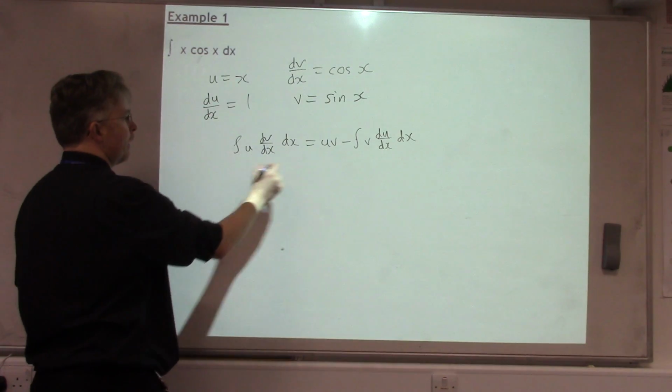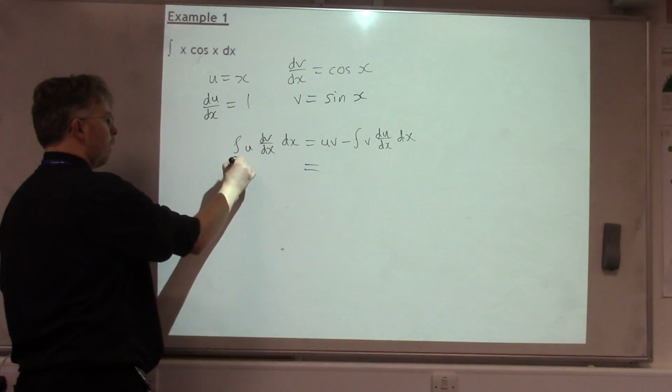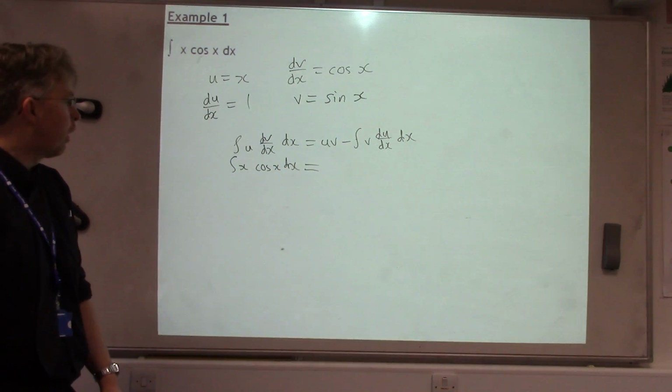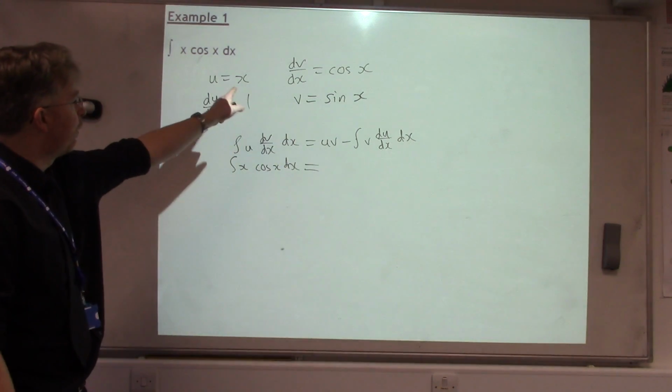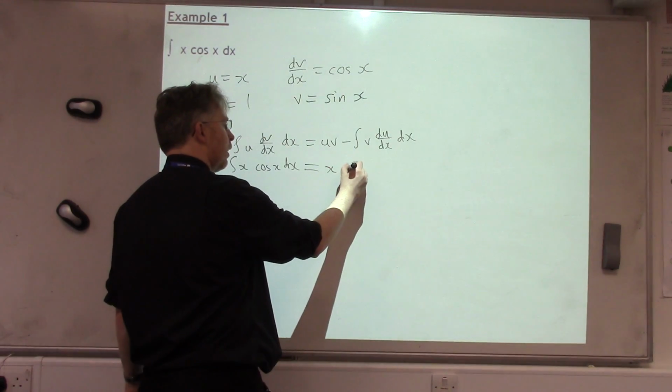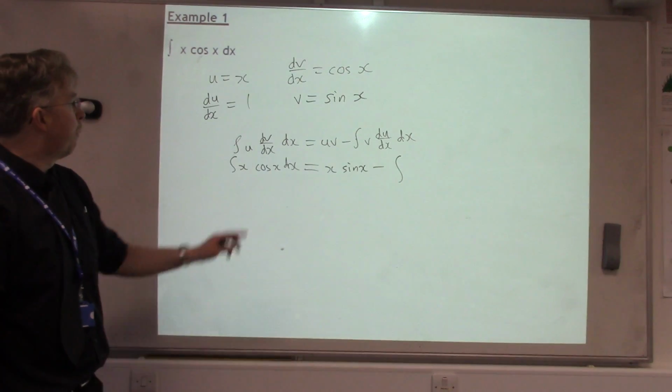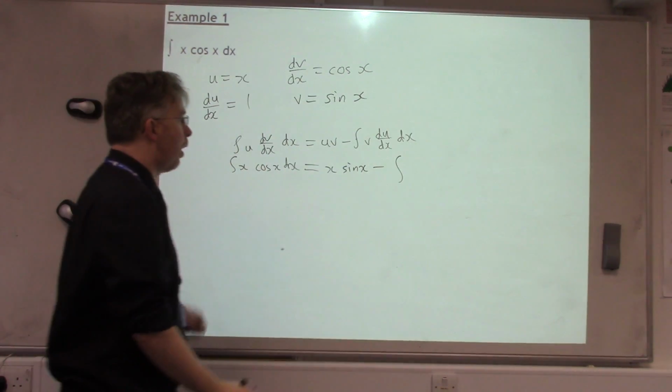So inputting it, the left hand side is the integral of x cos x dx, the right hand side u times v is x times sine x, minus the integral of v times du by dx, so sine x times 1.